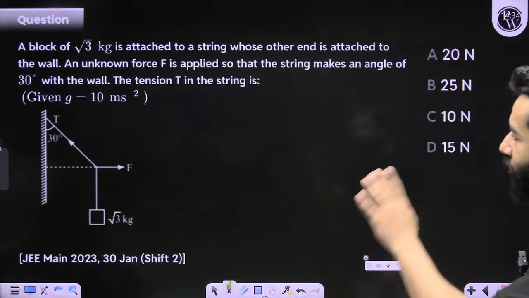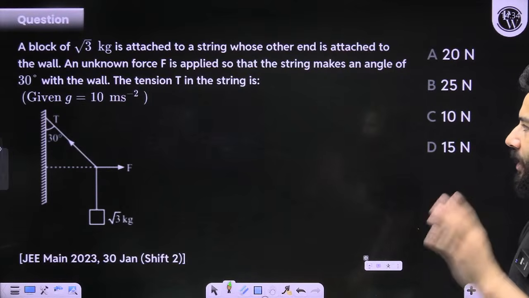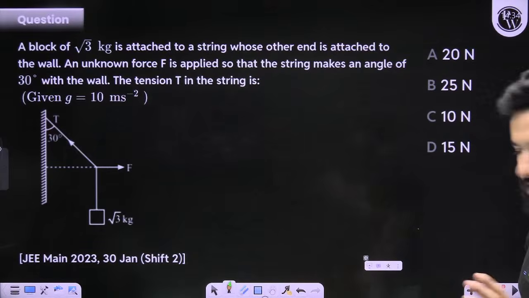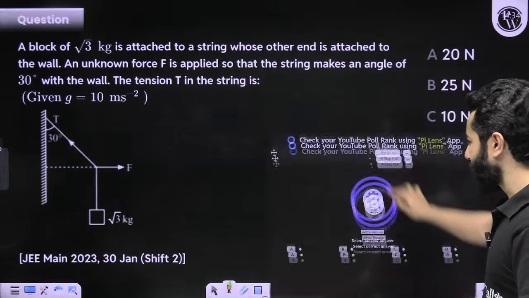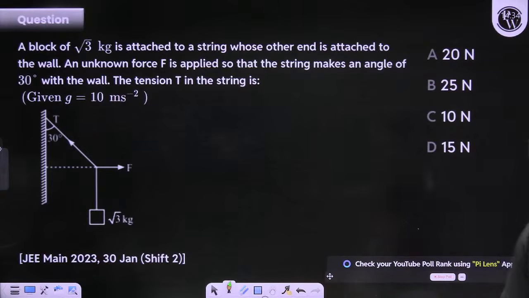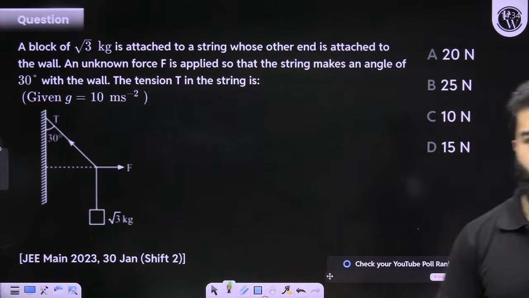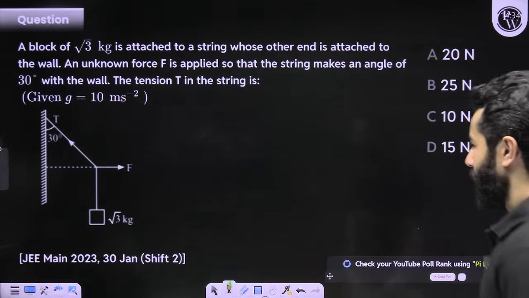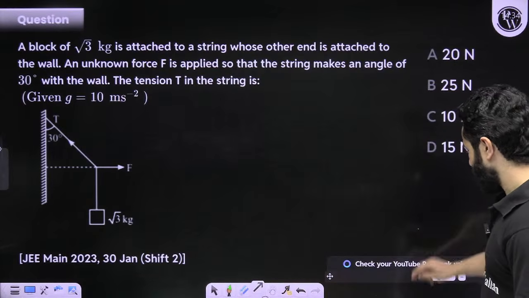An unknown force F is applied so that the string makes an angle of 30 degrees with the wall. The tension T in the string is... Let's start. 60 seconds is sufficient. Begin. I have given you a poll.